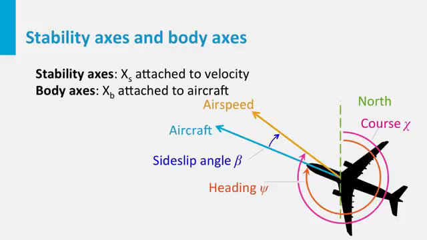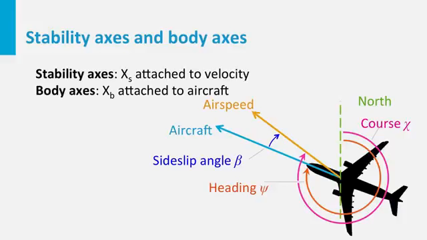So the side-slip angle is the angle between the airspeed vector and the aircraft body axis, looking at the top view. And of course here we also have an inertial reference. In this case it's the true north. And this means that if we look at our course, this is the angle between the speed and the north direction.